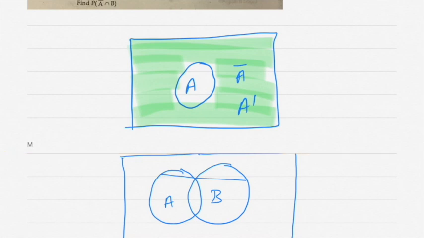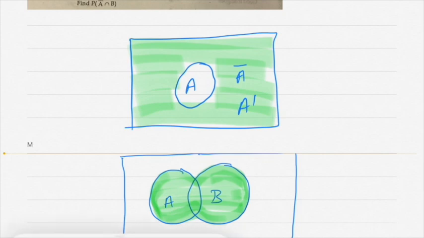That means this area which I am highlighting is P of A union B, but you have to make sure that none of the components is getting repeated. So the probability of this area is 3 by 4.